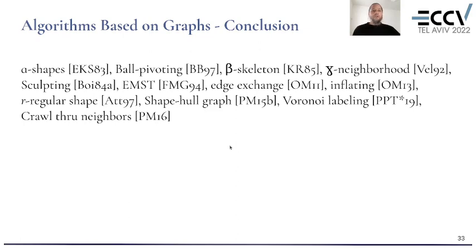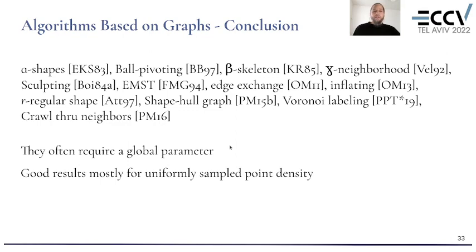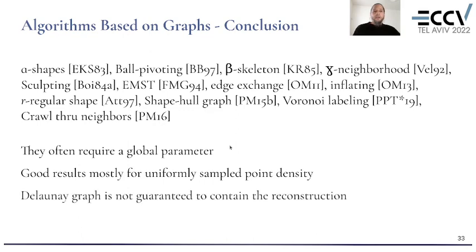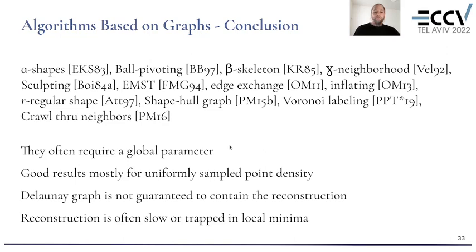So to conclude, this is the list of algorithms which were briefly presented. They often require a global parameter. Good results are mostly for uniformly sampled point density, and the Delaunay graph is not guaranteed to contain the reconstruction, and the reconstruction is sometimes slow or becomes trapped in local minima.